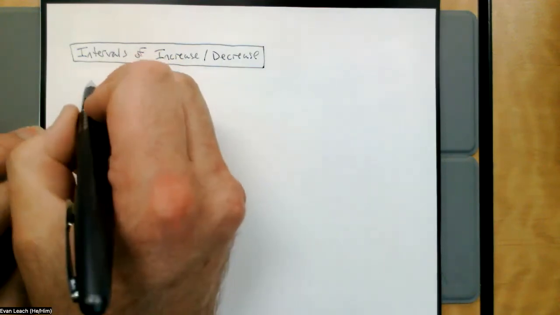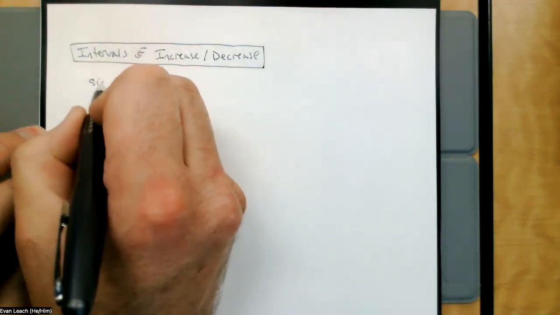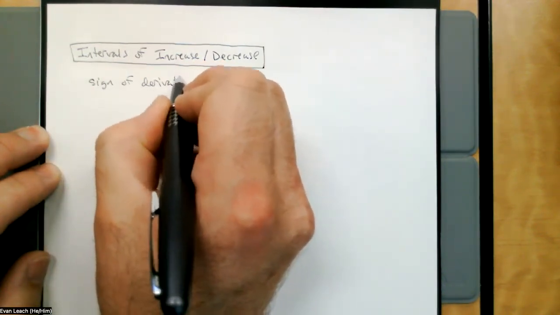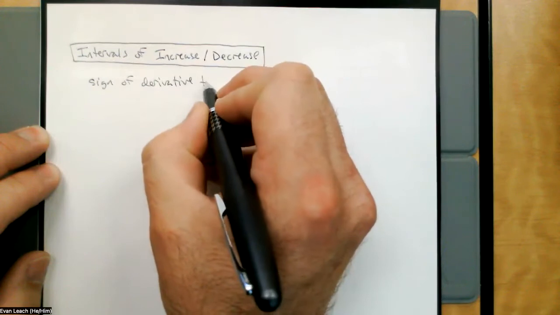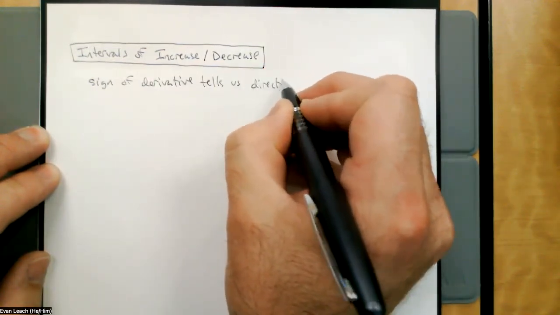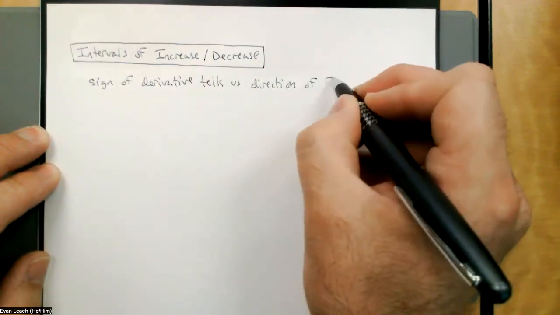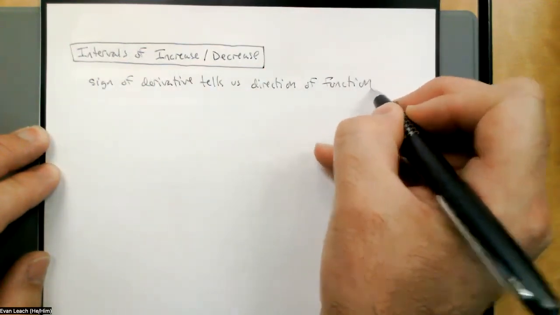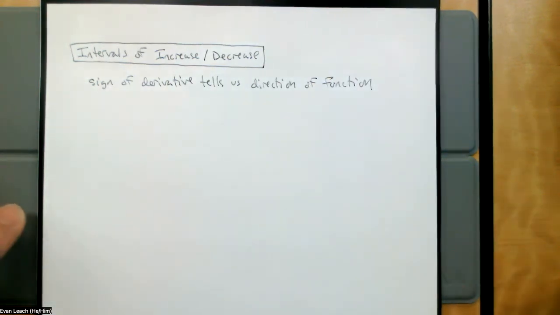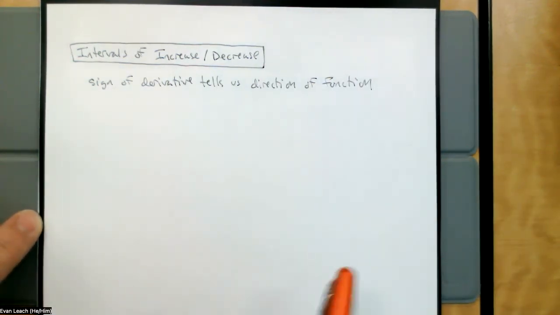I summarize this by saying that the sign of the derivative tells us the direction of the function. The sign, positive or negative, of the derivative f prime tells us the direction, increasing or decreasing, of the function.